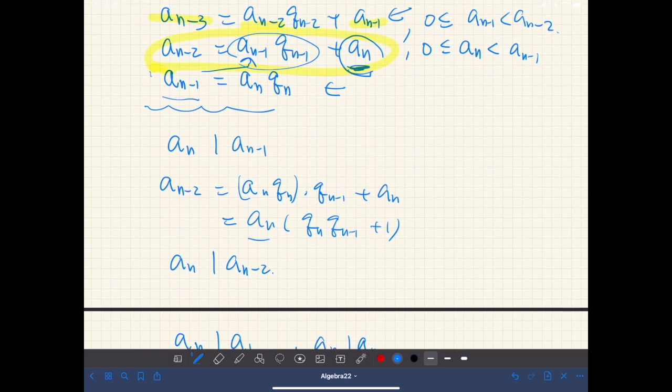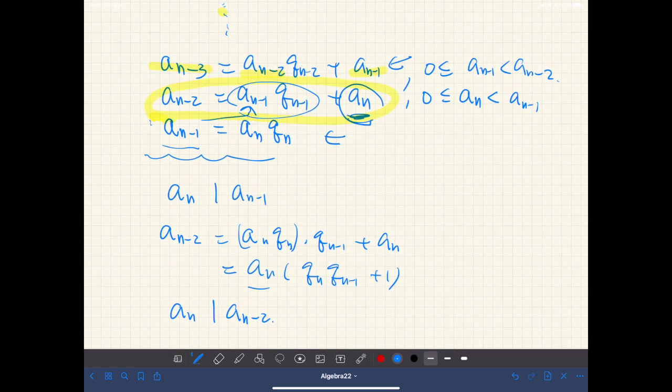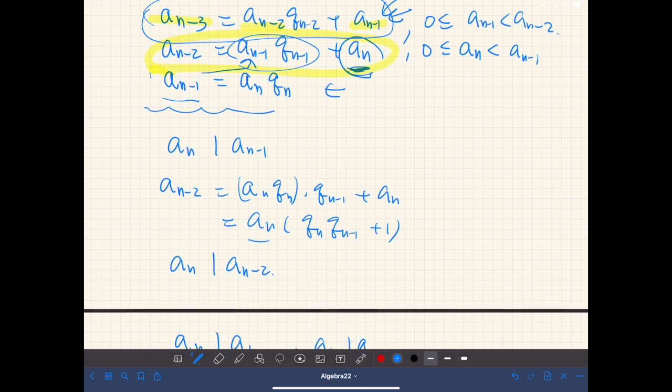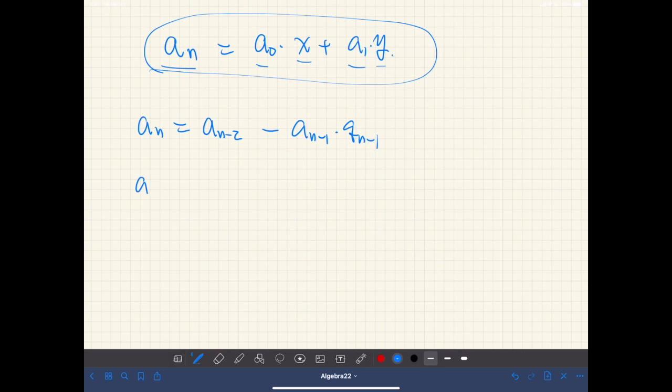And from this equation, we have An-1 equal to An-3 minus An-2 times qn-2.